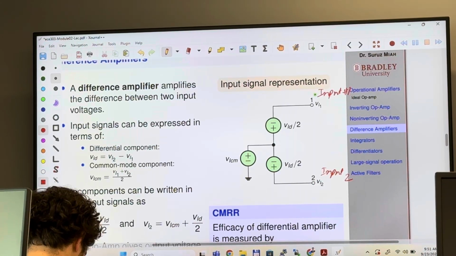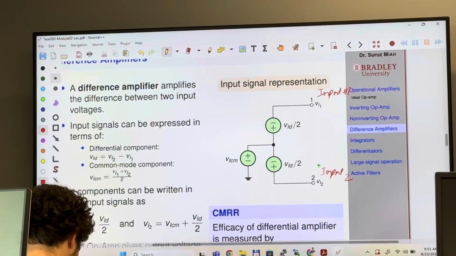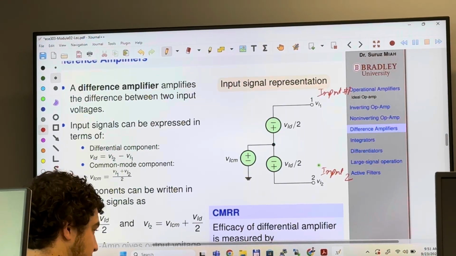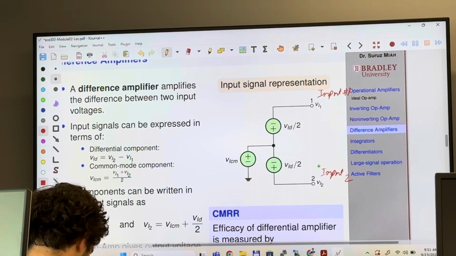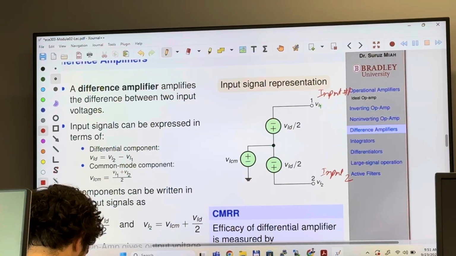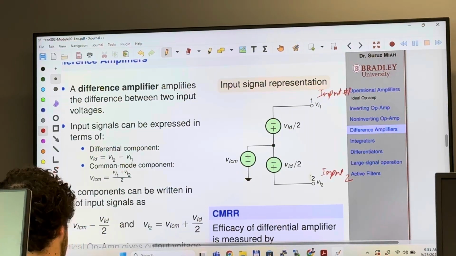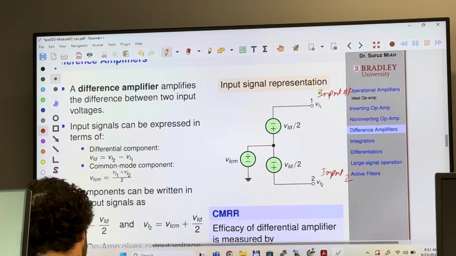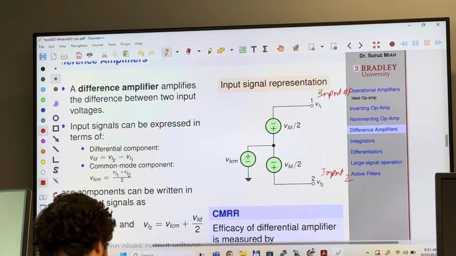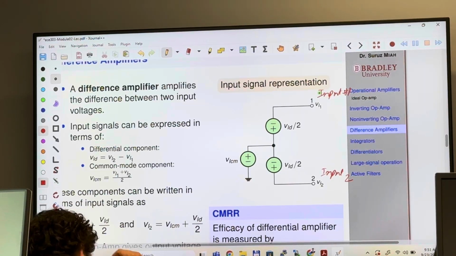These two inputs, please pay attention. What is the purpose? These two inputs are coming from sensors.